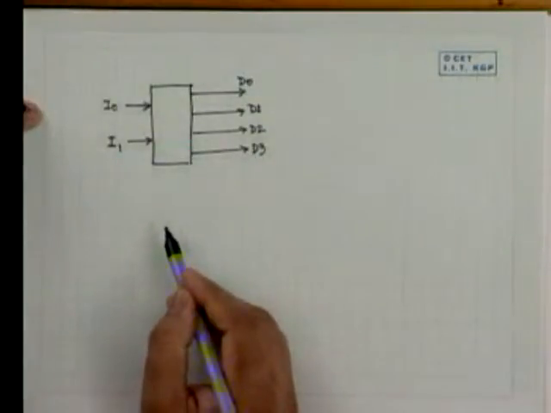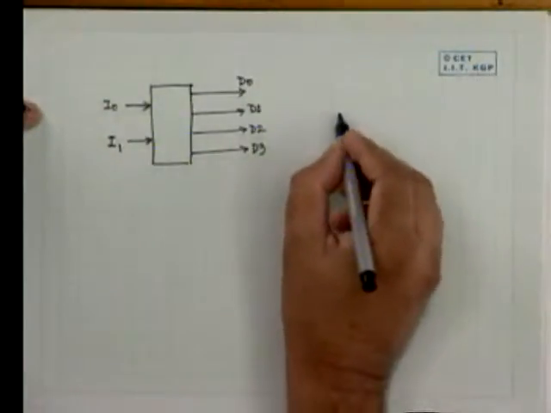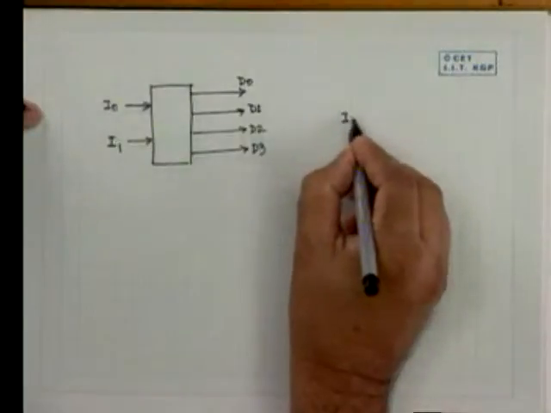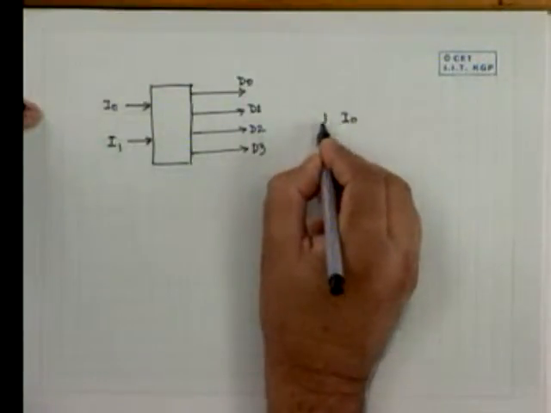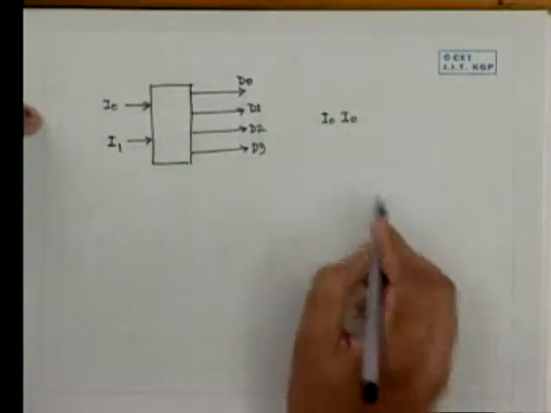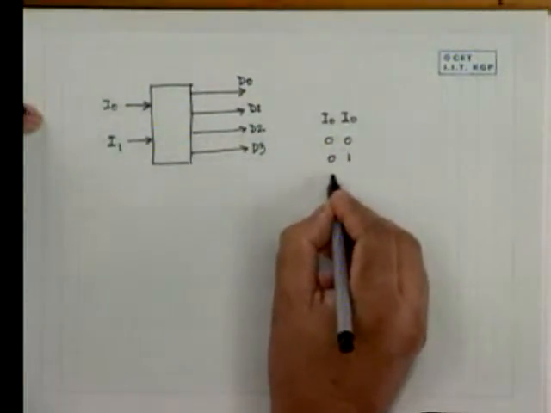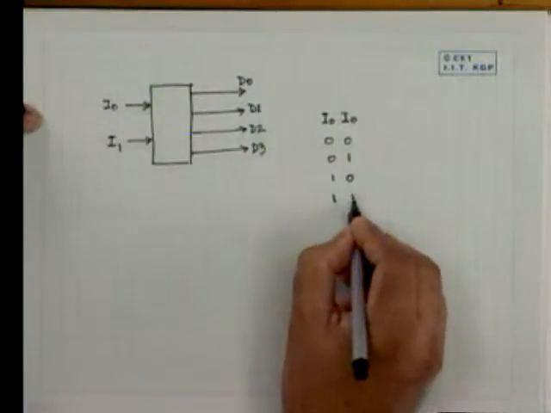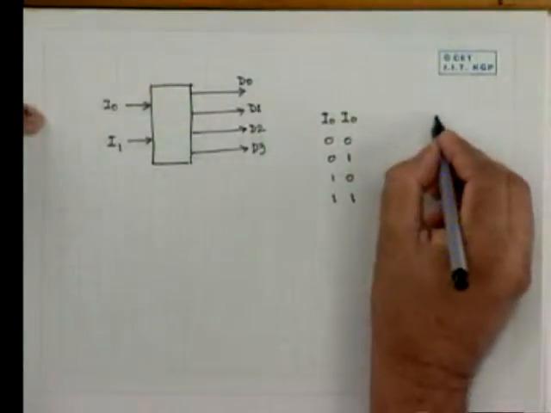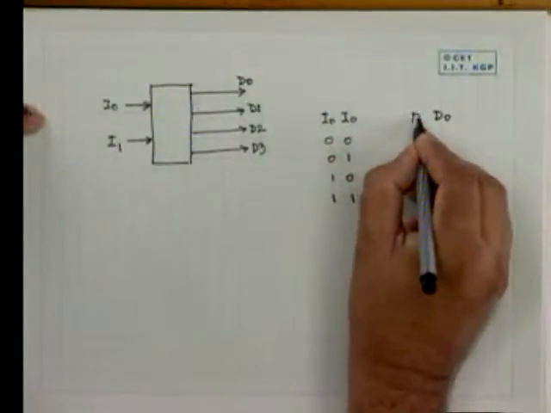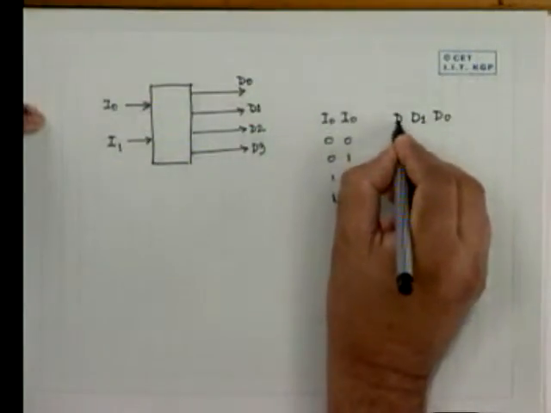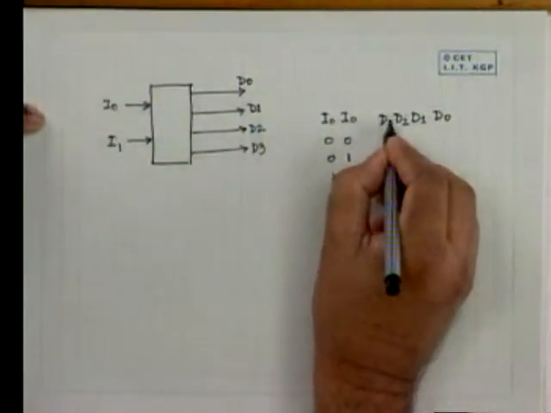If we draw the truth table of a decoder, with I0, I1, the 4 possible combinations are 0 0, 0 1, 1 0 and 1 1. The outputs are D0, D1, D2, D3.